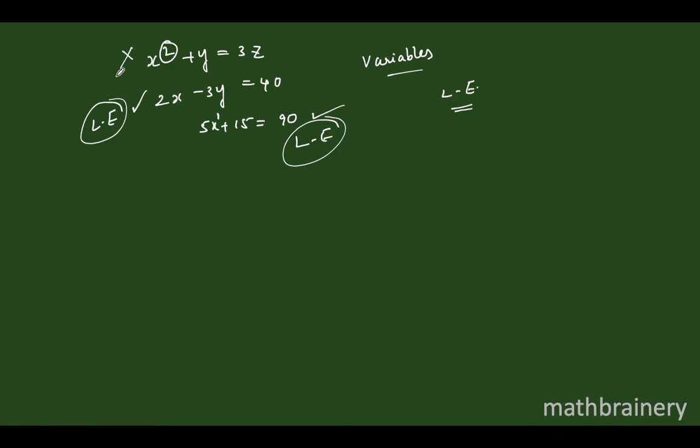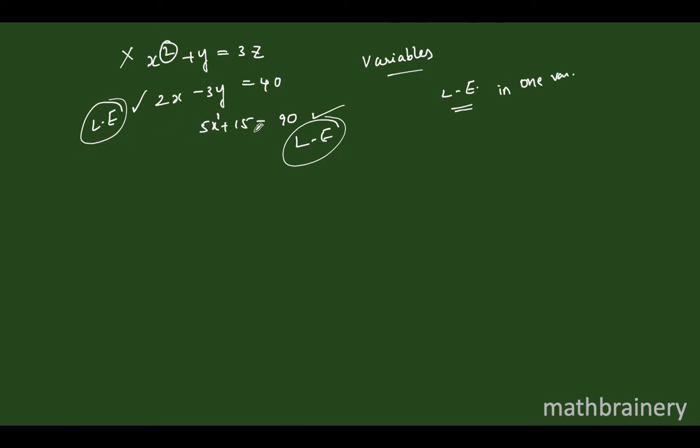Alright. Now when I say linear equation in one variable, what do you mean by this? We mean that we want to see those linear equations where only one variable is involved. Here 2x minus 3y is equal to 40 has x and y as two variables. So you call such kind of equations as linear equations in two variables.